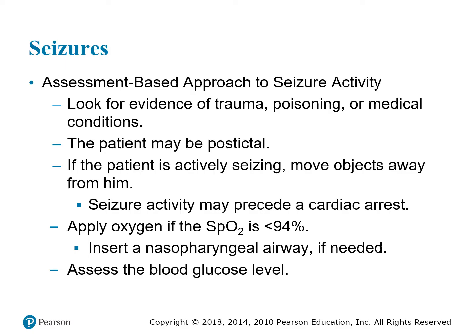If you have a patient who is excessively convulsing and you're having trouble getting a mask on them, then blow-by oxygenation will work here. The last bit is to make sure that you check a blood glucose level, because a low blood sugar could cause a seizure, or the seizure activity was so strenuous that it used up a lot of the blood glucose, and then you might have to replace it afterwards.